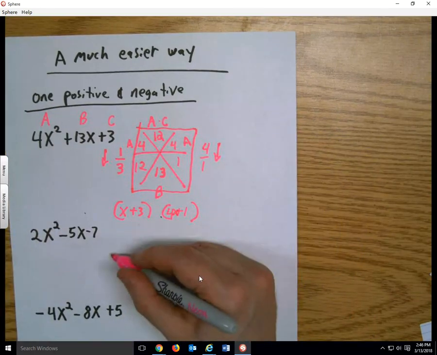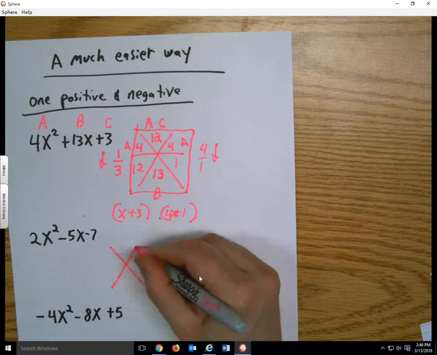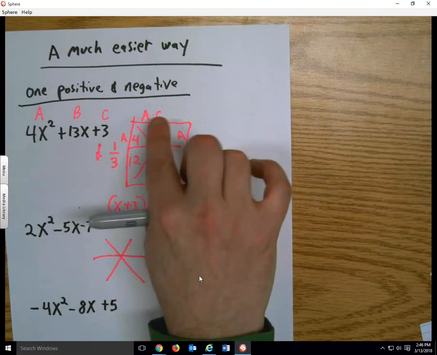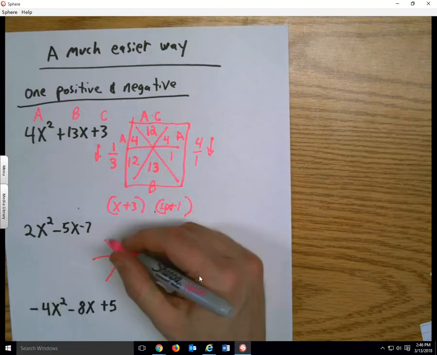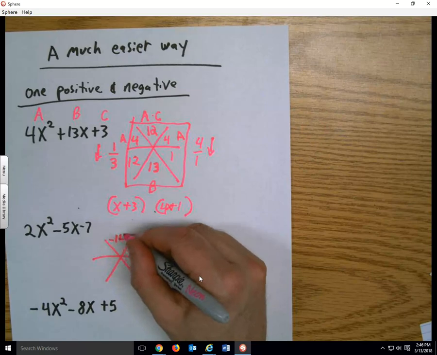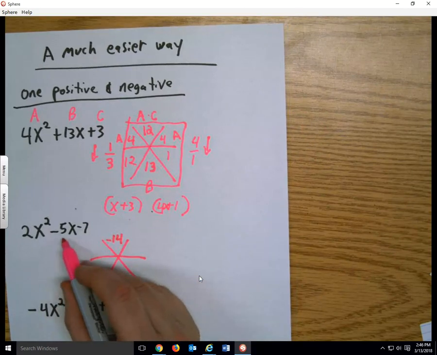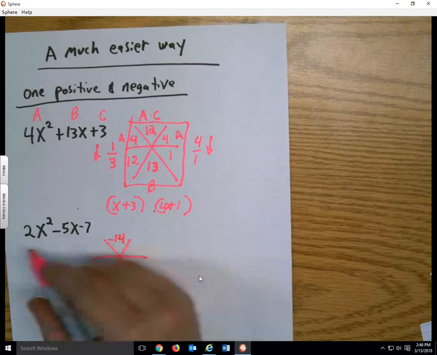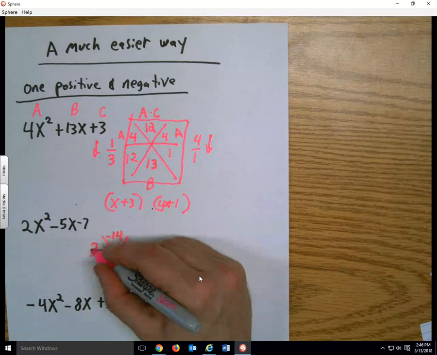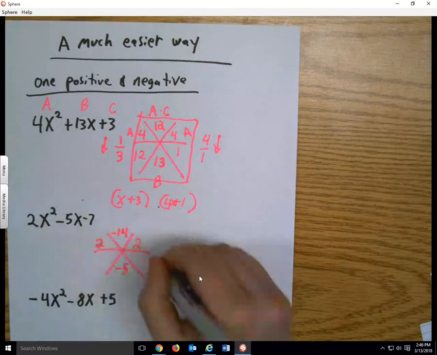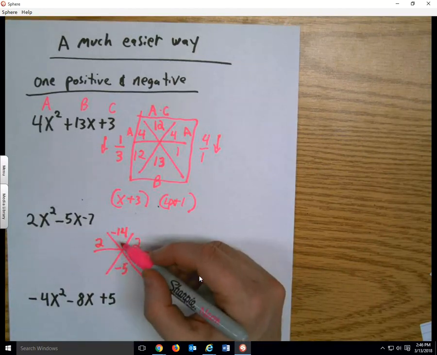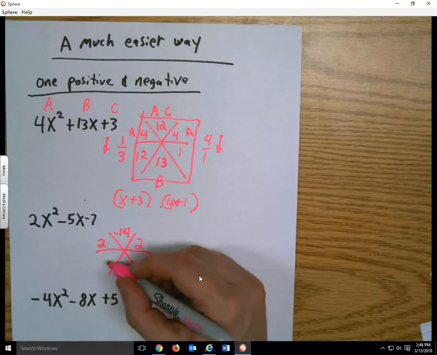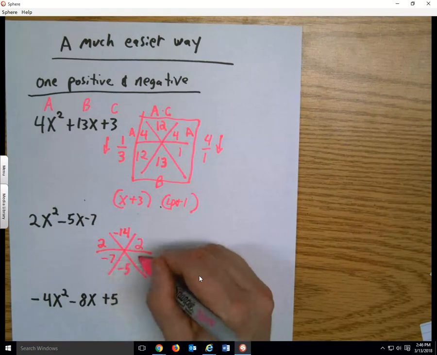So let's do another one here. Okay, so we're going to multiply A times C. 2 times negative 7. We're going to put the B on the bottom. We're going to put the A's on the top. The A term is 2, right? We're going to see what multiplies to a negative 14 but adds up to a negative 5. A negative 7 times 2.